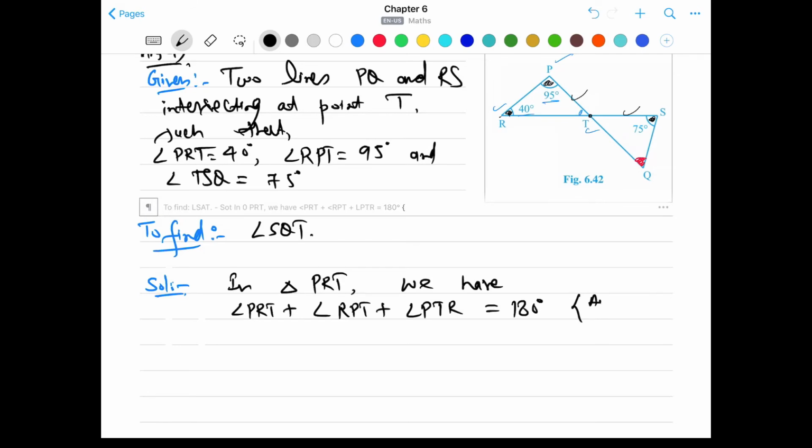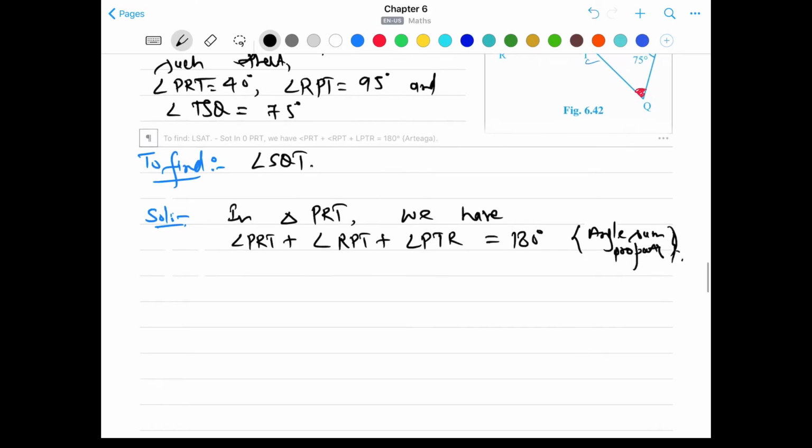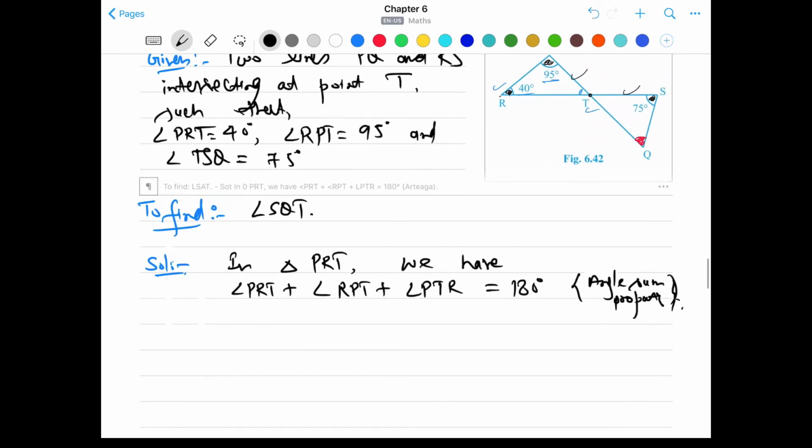This is by angle sum property. Angle sum property is actually theorem 6.7. Okay, so we are given the measure of both, angle PRT is 40 degree and angle RPT is 95 degree. Now we can find angle PTR.